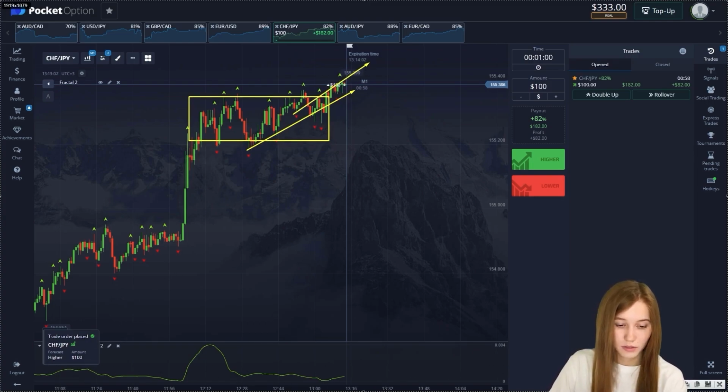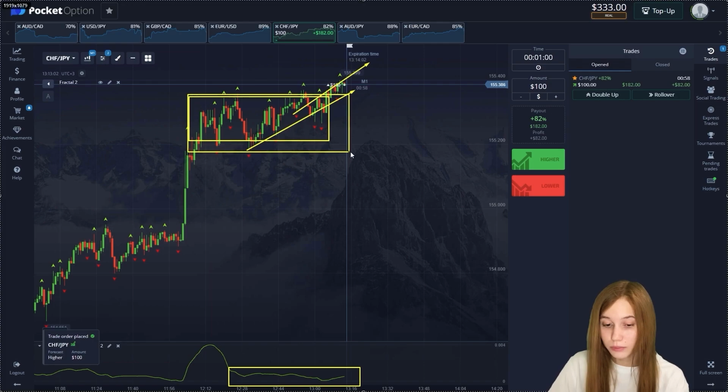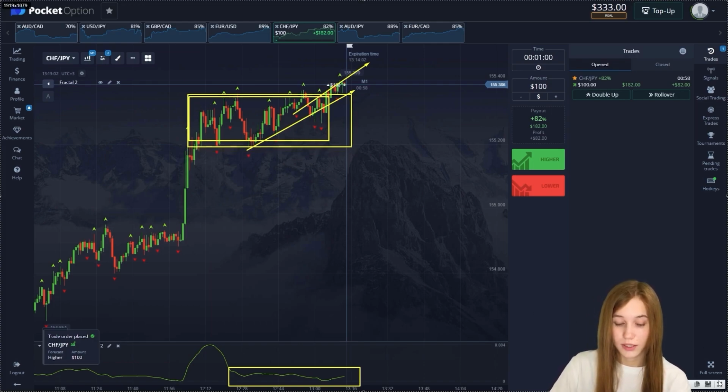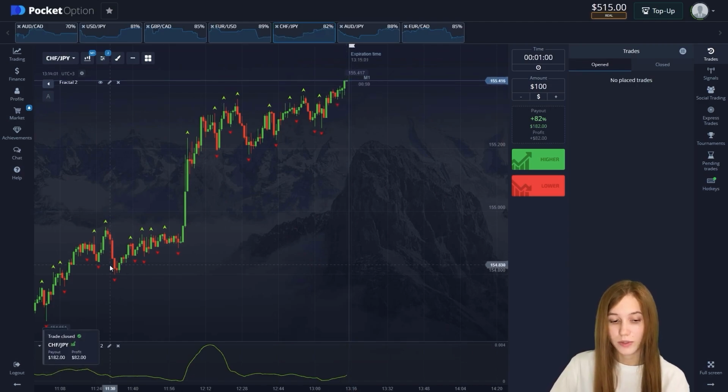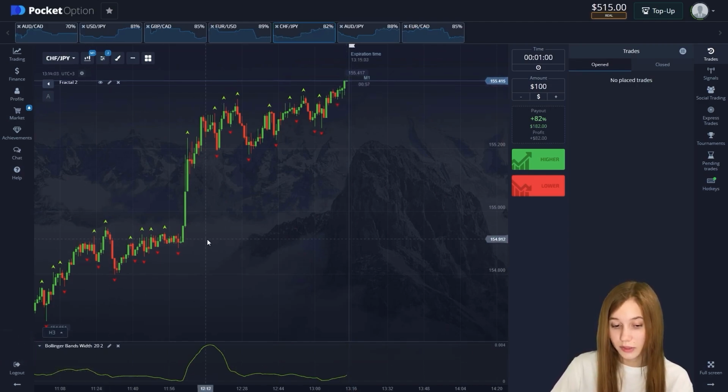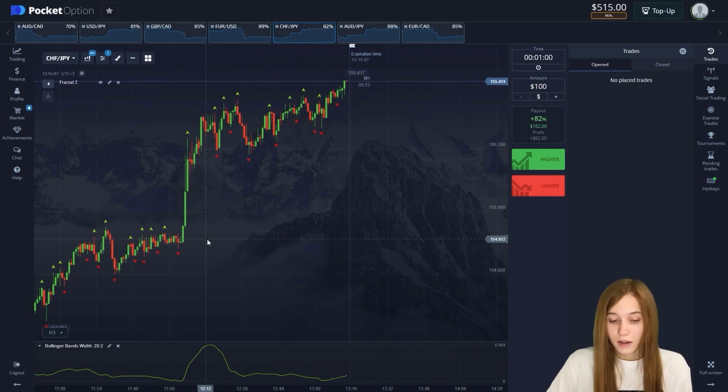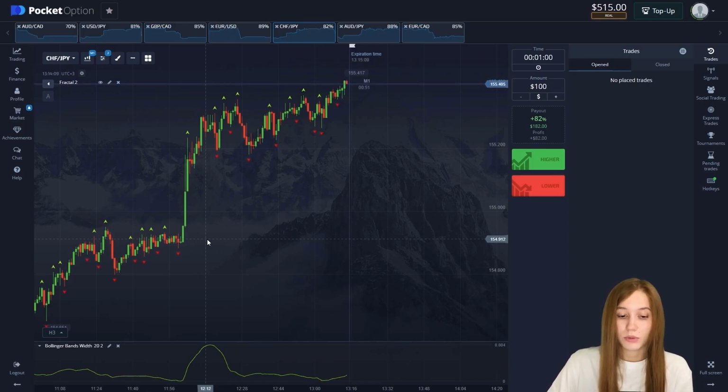So what we see, our intensity is low. It demonstrates our consolidation at the moment. Let's look at the chart. We see that growth is happening. As I said, the deal was plus $82 our profit.